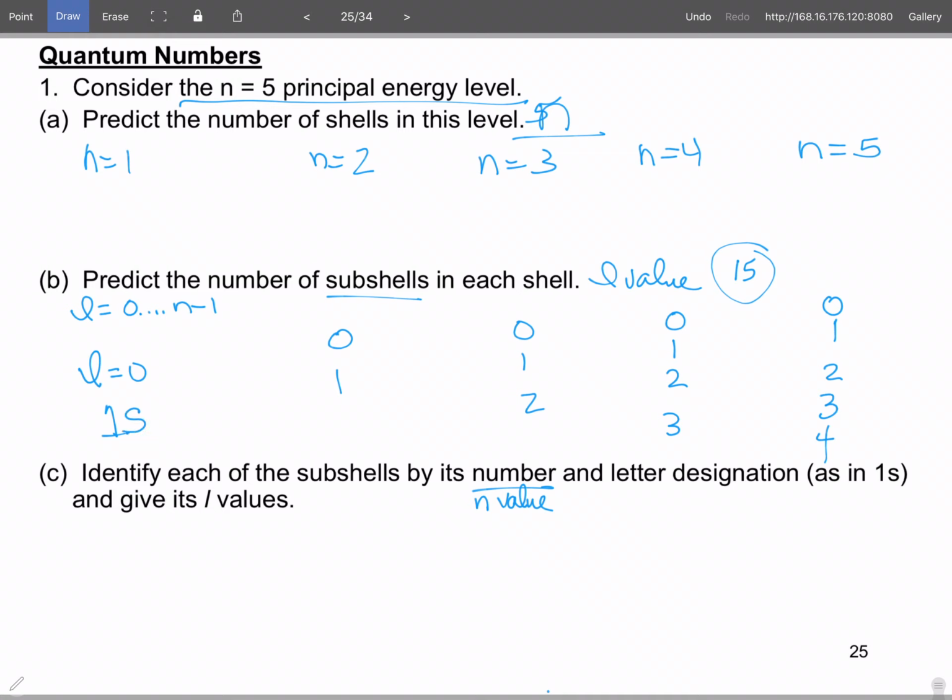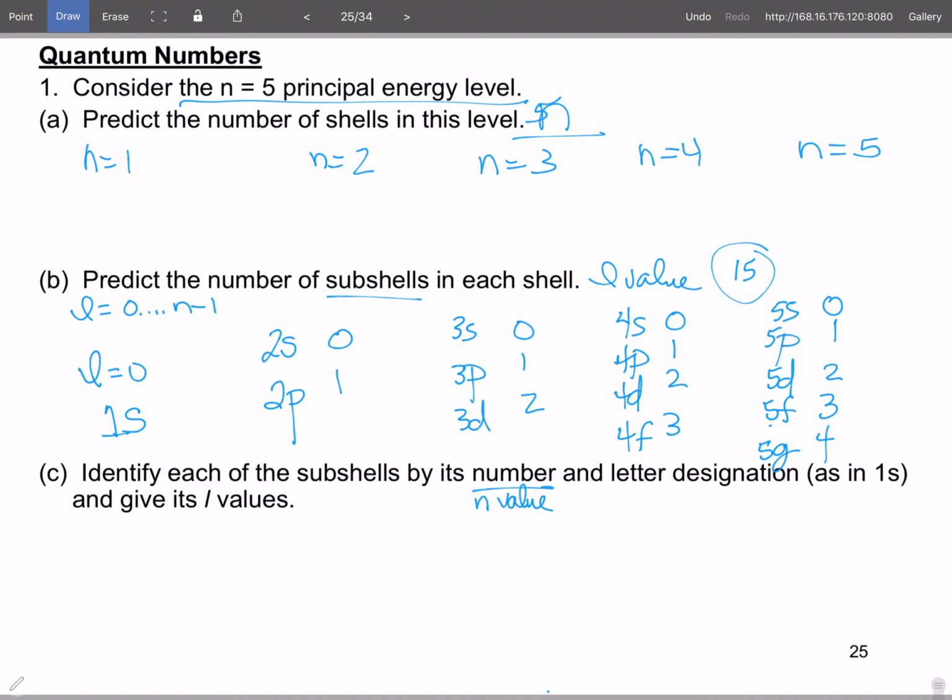This is the s orbital in the second energy level, so that'd be the 2s. If L is equal to 1, that's a p. Over here we've moved to the third energy level, so we have 3s, 3p, 3d. Here it's 4s, 4p, 4d, 4f. Then 5s, 5p, 5d, 5f, and if we had them, it'd be a 5g.